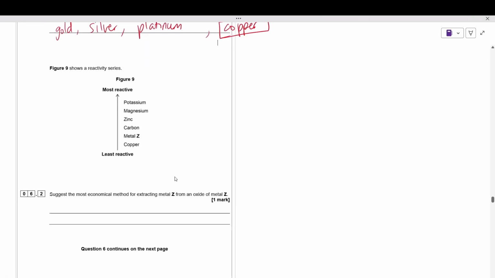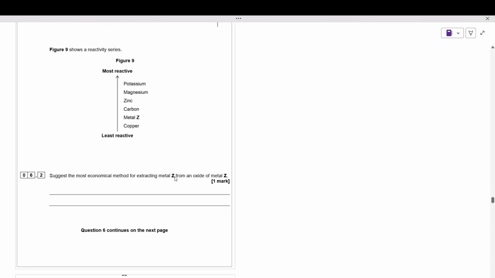So here's part of the reactivity series. So we have the most reactive at the top as usual, and as we move down, it gets less reactive. We're going to suggest the most economic method that we can use to extract metal Z from a compound that contains that metal.